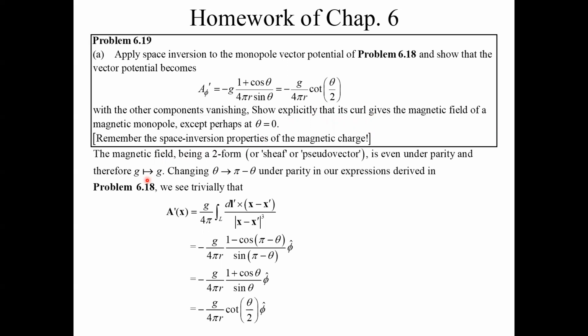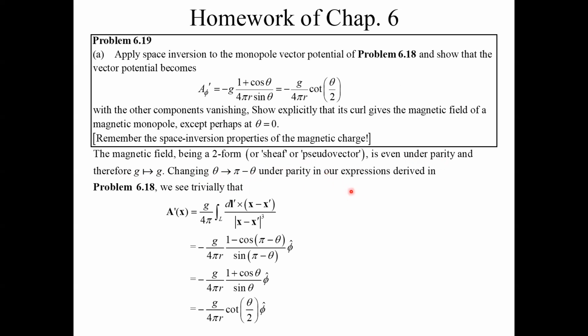The magnetic field, being a two-form or pseudovector, is even under parity and therefore g maps to g, changing theta into pi minus theta.